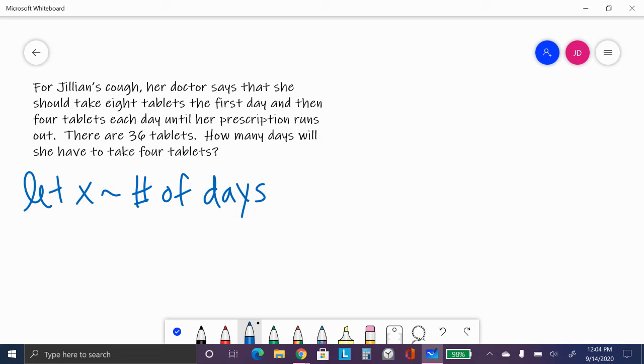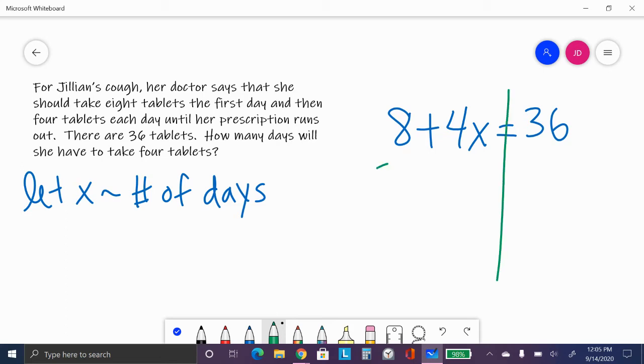All right. The first day, she has to take 8 tablets. So you have 8 plus 4 tablets each day. Whenever you see that word each, it's usually multiplication. Until her prescription runs out, and then there are a total of 36 tablets. All right, again, we solve for x.